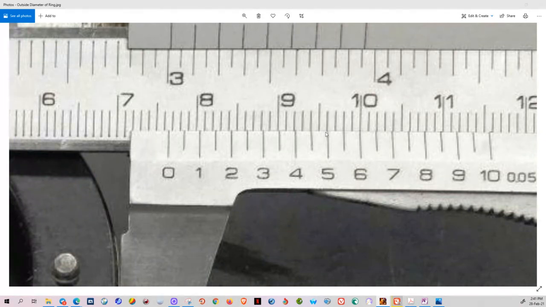Straight. 5, almost straight. 7, almost straight. But 6 is exactly straight. Actually, if you want, you can even say 7.655. But if you round it off, 7.66. So the correct diameter outside is 7.66 centi.